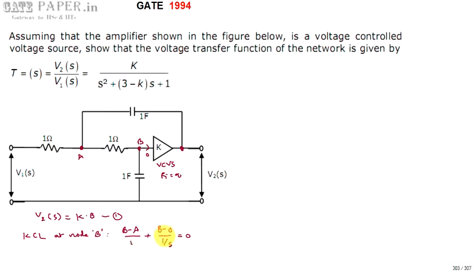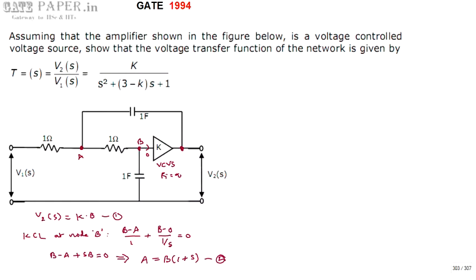From this you can write B minus A plus SB is equal to 0. So A is equal to B times (1 plus S). This is the second equation.